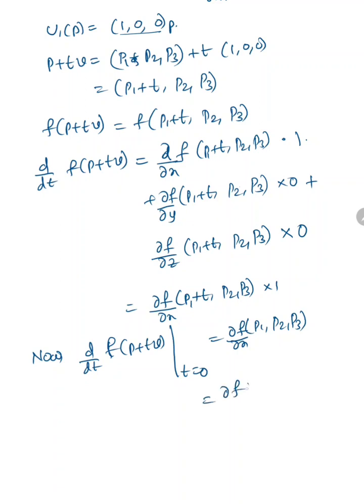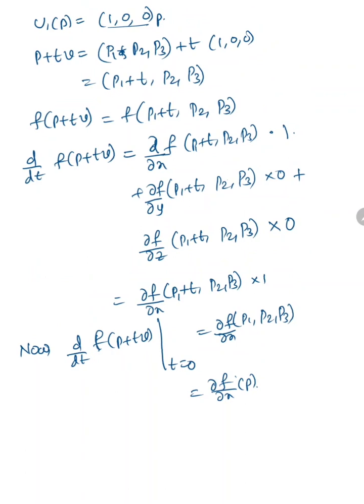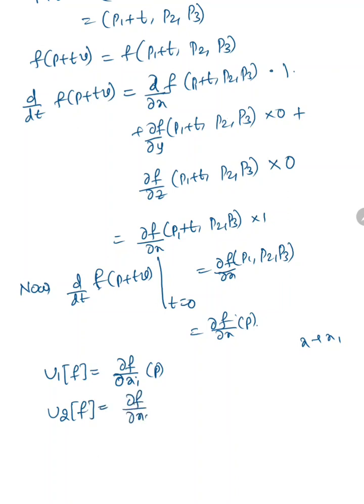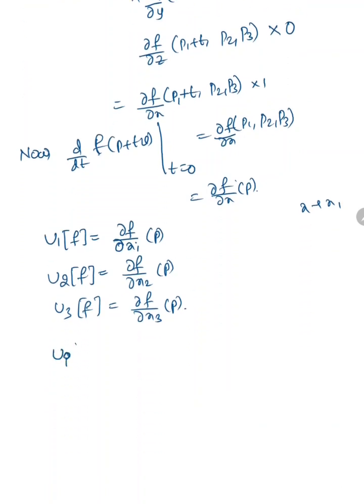So this is equal to dou f by dou x at the point P. So for U1, it is a natural frame field along the x direction, so we have dou f by dou x at the point P. If I take x as x1, then we can get U1 of f is equal to dou f by dou x1 at the point P. Similarly, U2 of f is equal to dou f by dou x2 at the point P, and for U3 this is dou f by dou x3 at the point P. Hence for natural frame fields, Ui of f is equal to dou f by dou xi at the point P. This is how we find the directional derivative of f at the point P along the direction of the natural frame fields U1, U2 and U3.